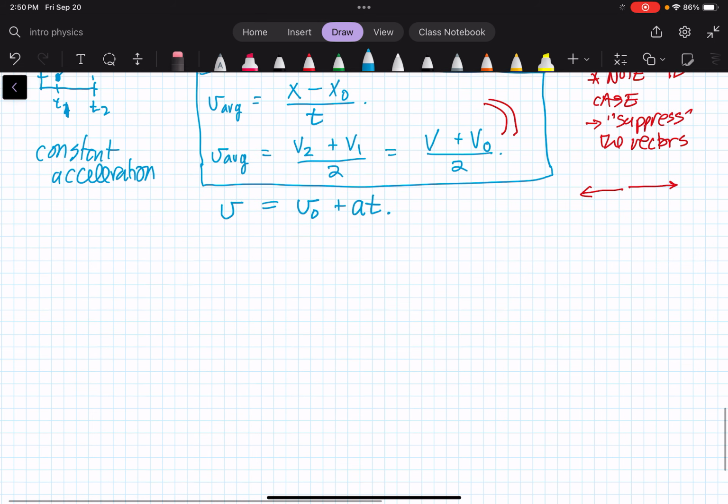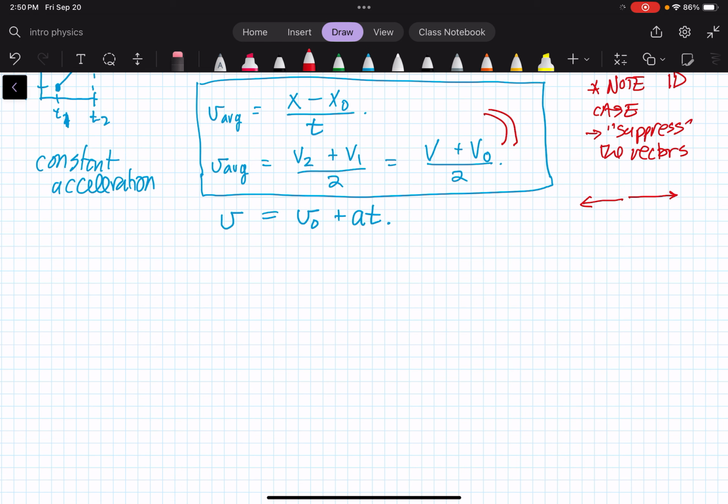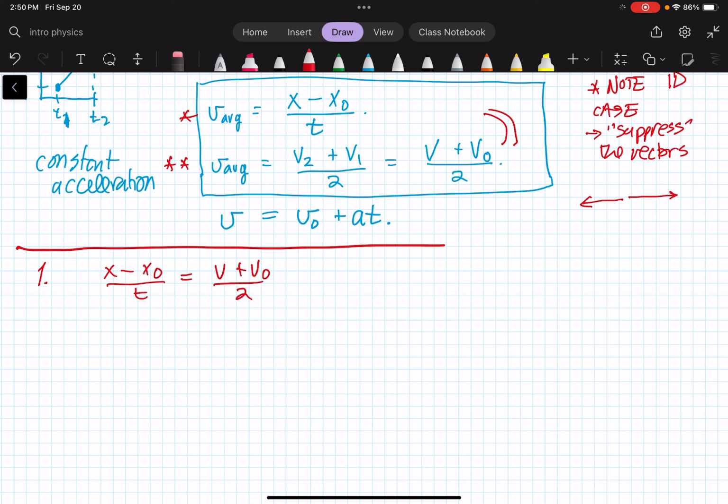Okay, so starting with this, let's do our first equation. We're going to start with x minus x naught over t. That's using this first equation up here, that's star. And we're going to set it equal to the second equation, so that's equal to v plus v naught over 2. We can call these star, double star and triple star.